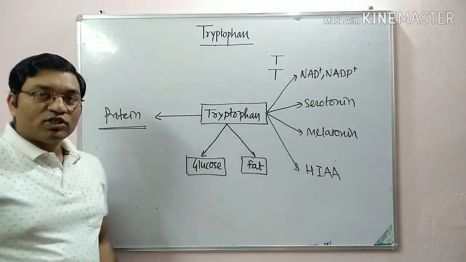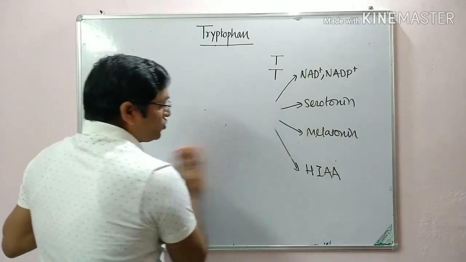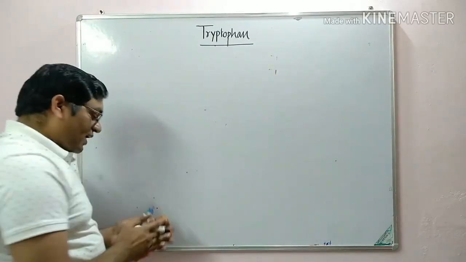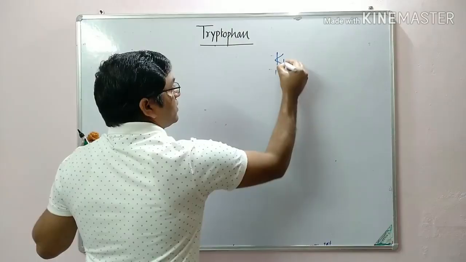Now coming to the metabolism of tryptophan proper, it follows two important pathways. The first one is the kynurenine anthranilate pathway.